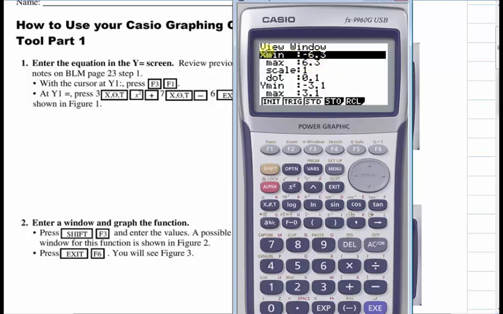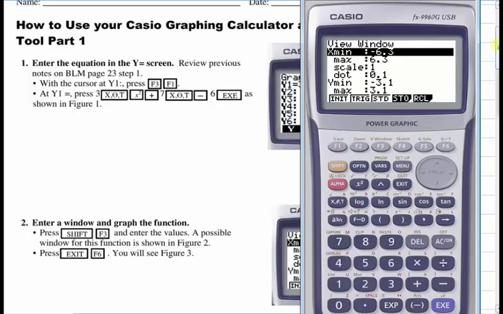If you take a look, you have X min, max, scale, and dot, and then you'll have the same items underneath Y. You'll have Y min, max, scale, and dot. Now, I just want to talk a little bit about that before we set our window settings.